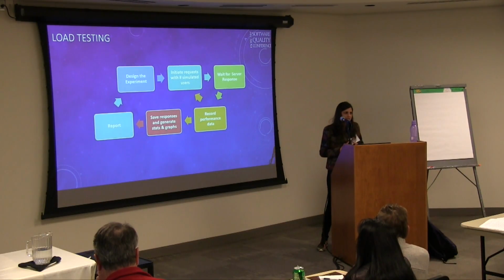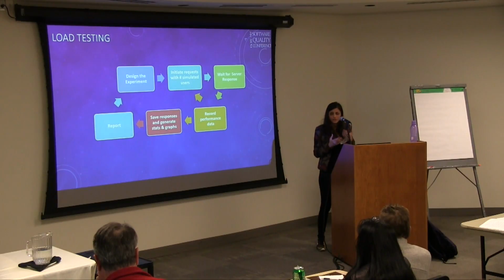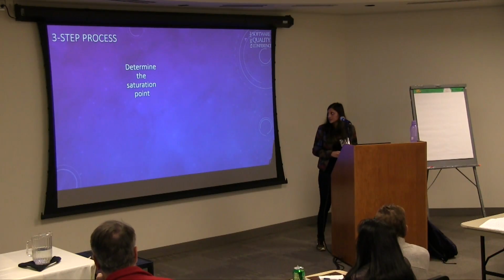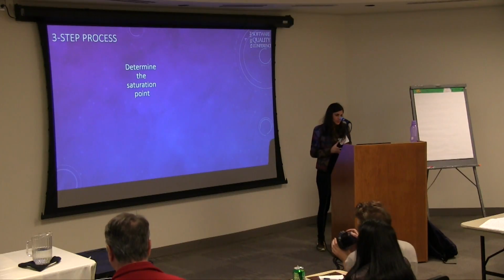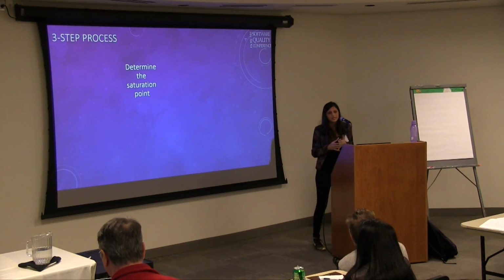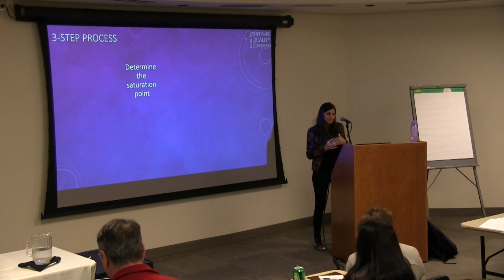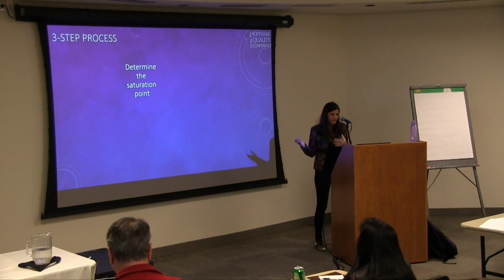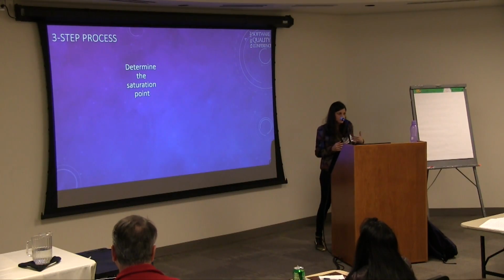Now that we have discussed several things about the configuration, the flow, and the goals, we can look into a three-step methodology that we are using to cultivate software quality in cloud. Starting off with first determining the saturation point. As we gradually increase the load from 0, like 1, 2, 3, or 5 users, not necessarily starting with 1 user, depending upon how your application behaves.